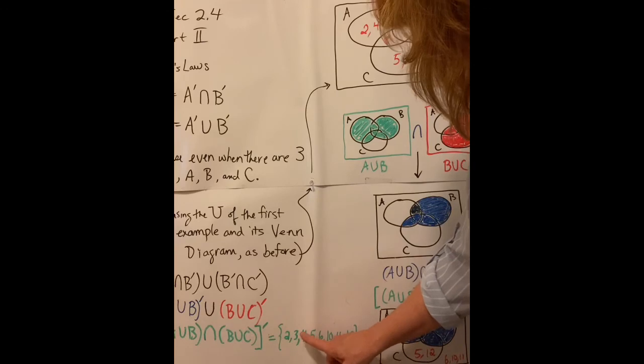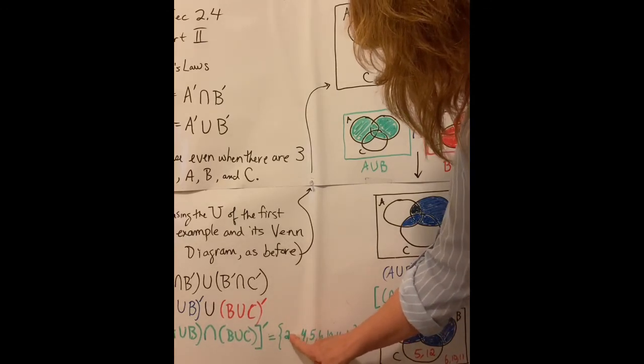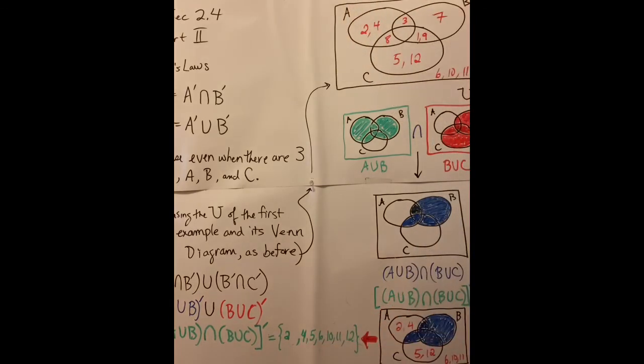So I have 2, 3. Let me get rid of that 3. And now we're good. Okay? So the Venn diagram, along with DeMorgan's laws of complementation, can help you get through some of the nastier looking sets you're trying to find.